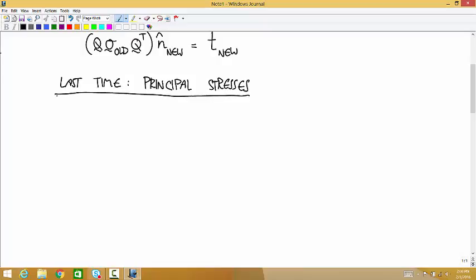And the setup was we want to find a scalar lambda and a unit vector n such that the stress tensor times n is equal to lambda times n.